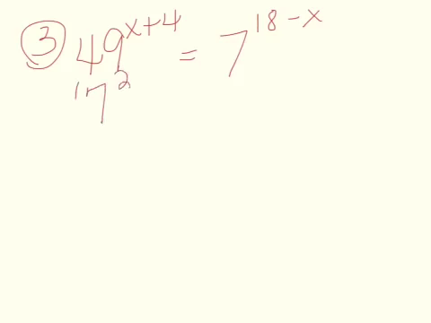Number 3, I have 49 to the x plus 4 equals 7 to the 18 minus x. Well, again, we don't have the same base. We have to get the same base. So I'm going to change them to a base of 7. Well, 49 is 7 squared.